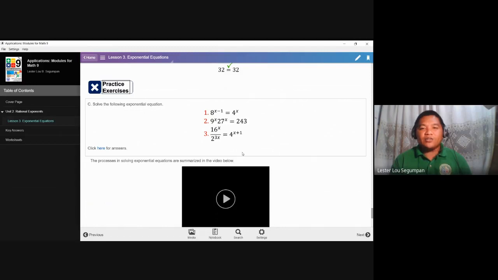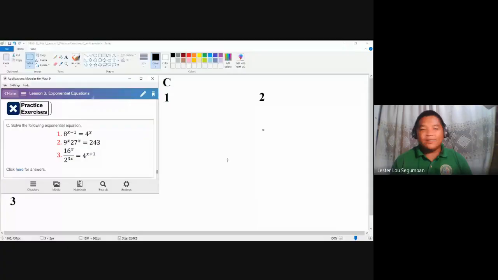Similar to this one, we have practice exercise C. Our goal is to come up with a value of the variable which, when substituted into the equation, will make the equation true or equal. Let us use this practice exercise, and I have placed them already in the Paint application software for us to be prepared with all of our doodles and scribbles.